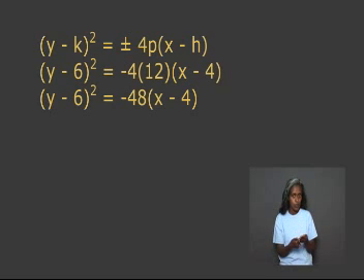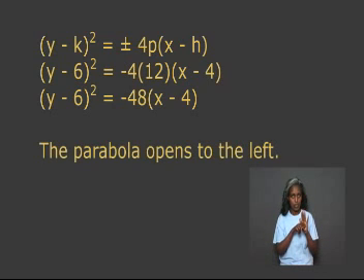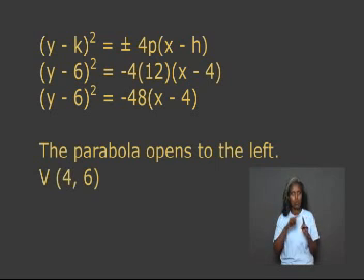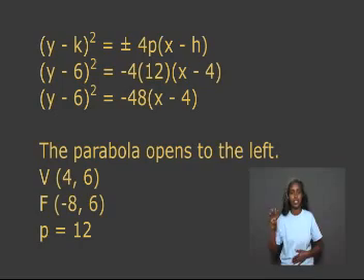Therefore, the equation of the parabola is (y minus 6) squared equals negative 48 times (x minus 4). As the sign in front of 4p is negative, the parabola opens to the left. It has a vertex at (4, 6), and the focal length is 12.